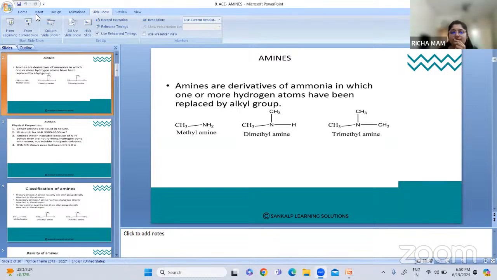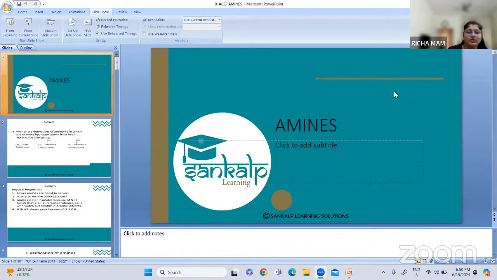So this completes your chapter amines. In the amines chapter, did I tell you the weightage? This particular amines chapter is a very small chapter, but the weightage is 8 marks.